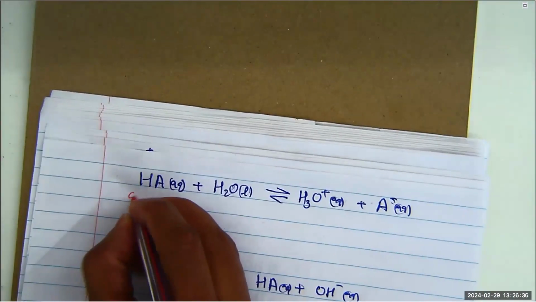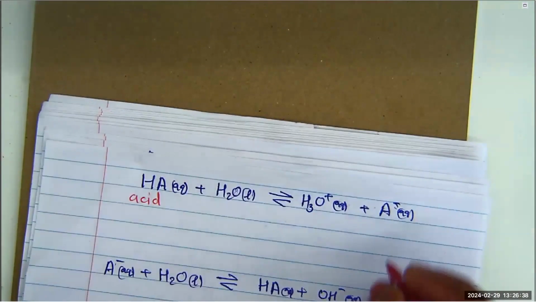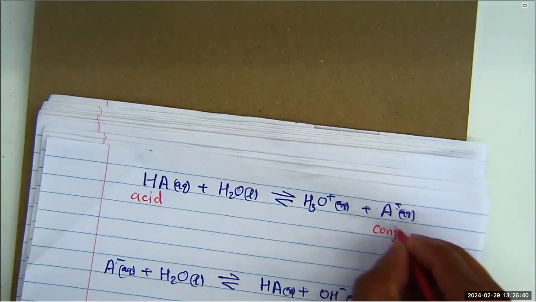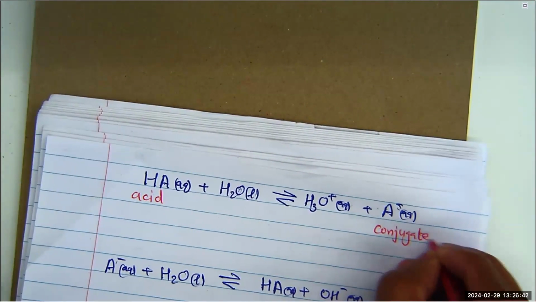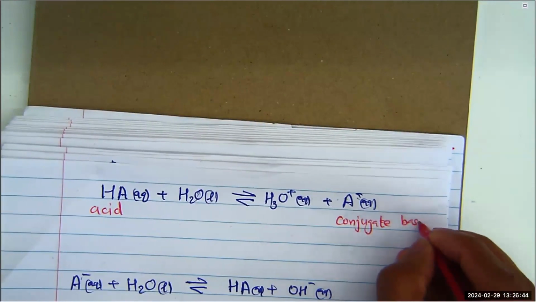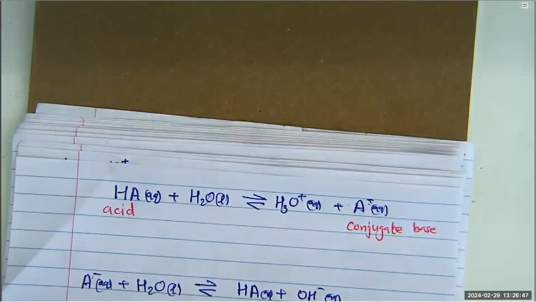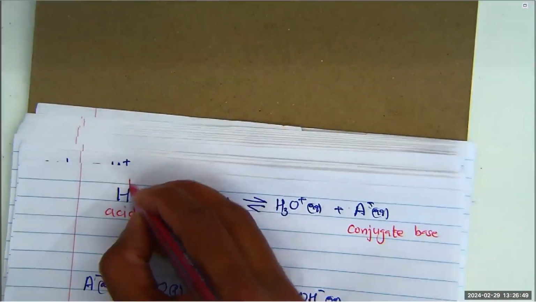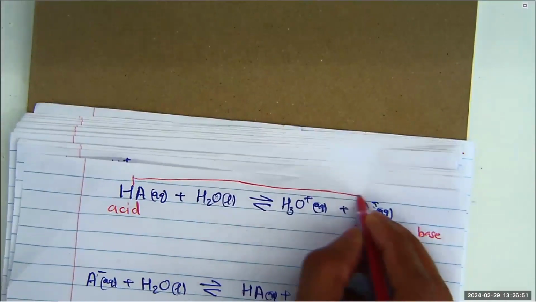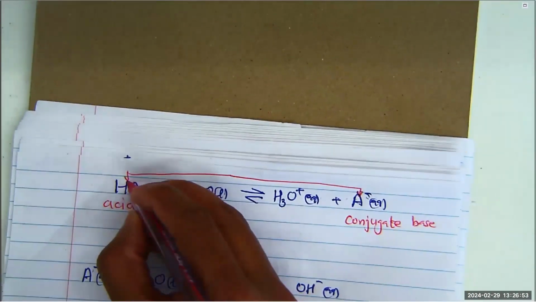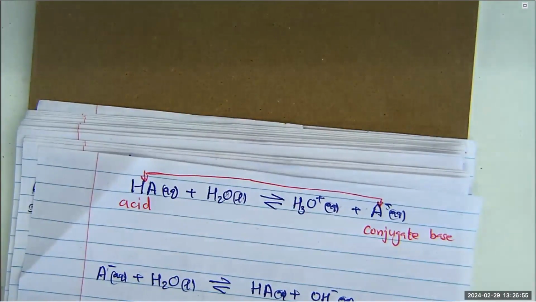Okay. So this is my acid. This is the conjugate base that is produced by that acid. So this is a conjugate pair. Okay. This is called a conjugate pair. All right.